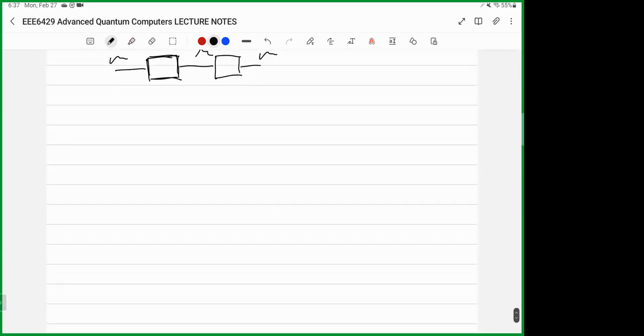So this is about single qubit gates. Let's talk now about the 2 qubit gates.